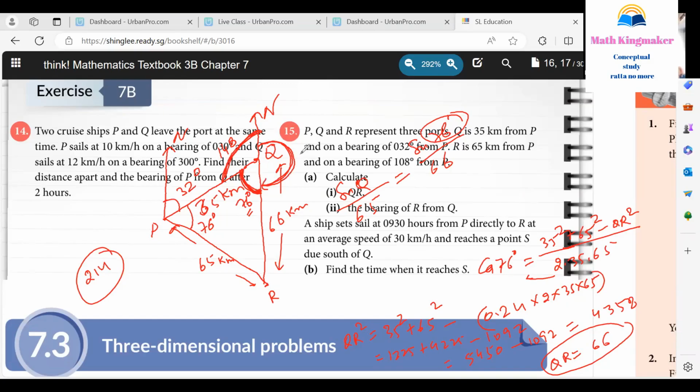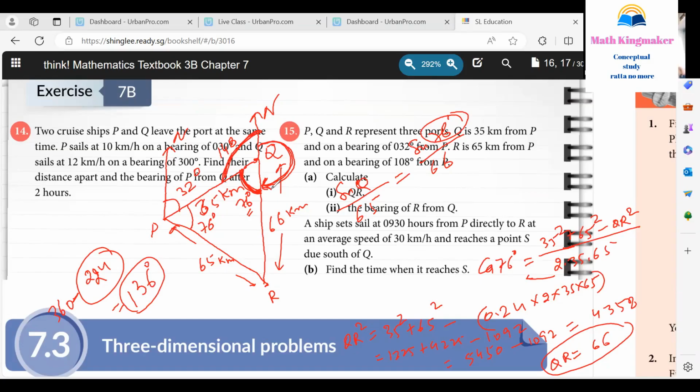What is the angle remaining? We'll subtract it from 360. 360 minus 224 is 136 degrees. So this bearing would be 136 degrees.